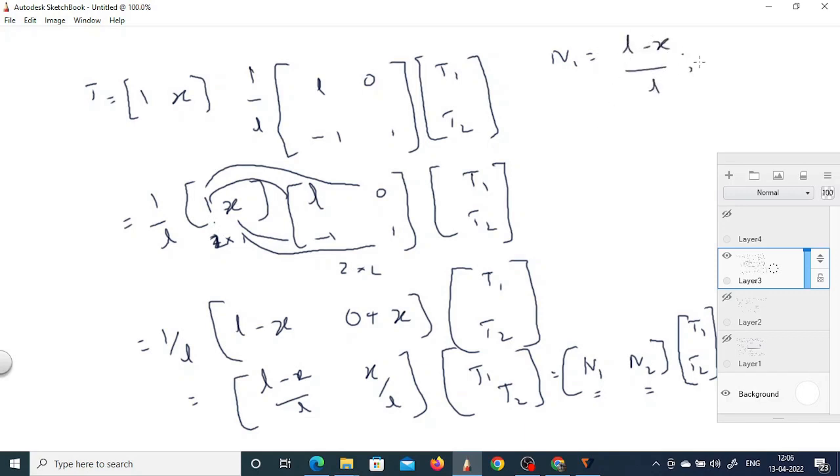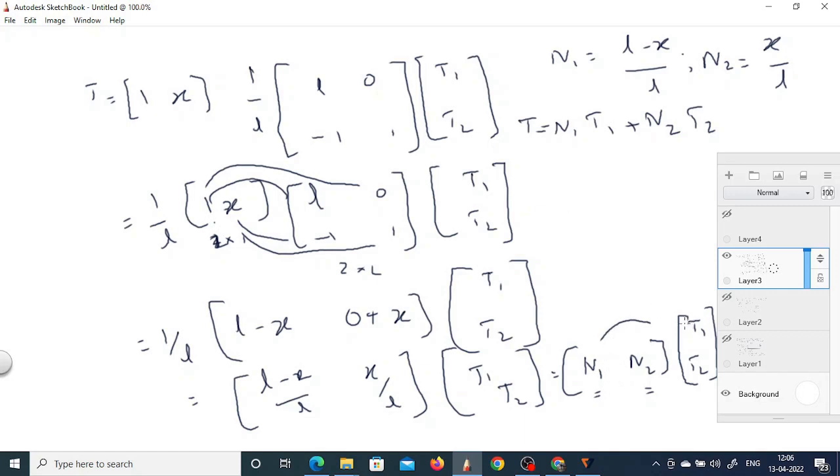And what about N2? N2 is equal to x by L. So these are all the shape functions I utilized. What about the temperature function? T is equal to N1 into T1 plus N2 into T2, which is the temperature function I got from this matrix.